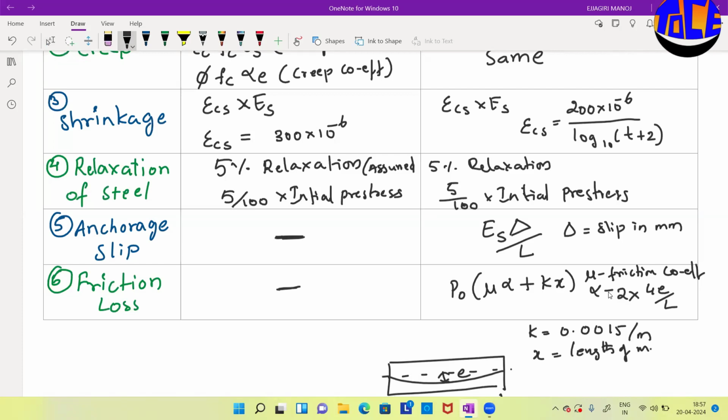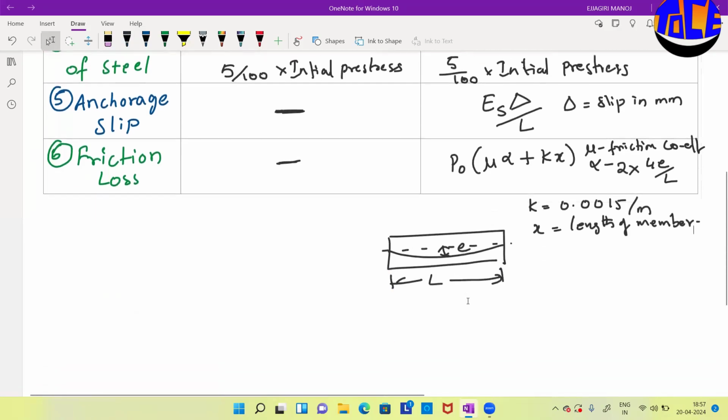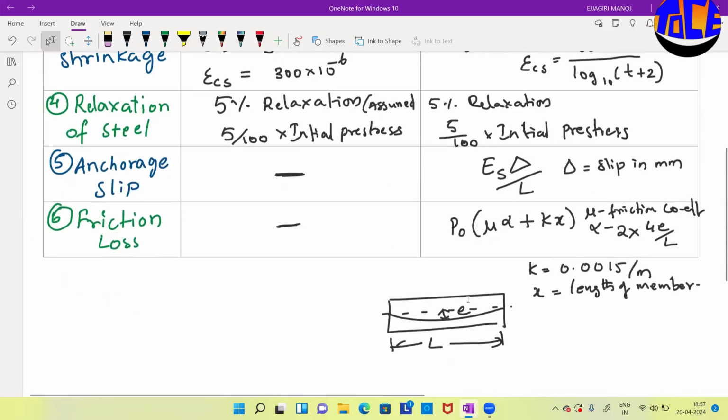P naught is nothing but your initial stress. So using this formula we can simply calculate the loss due to the frictional force.